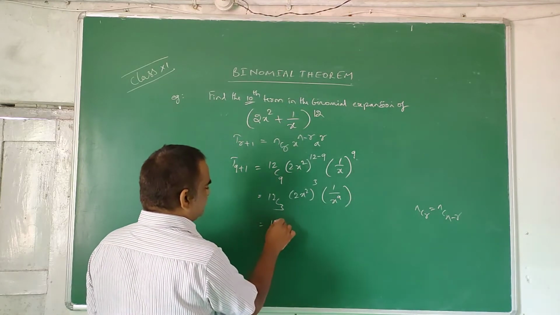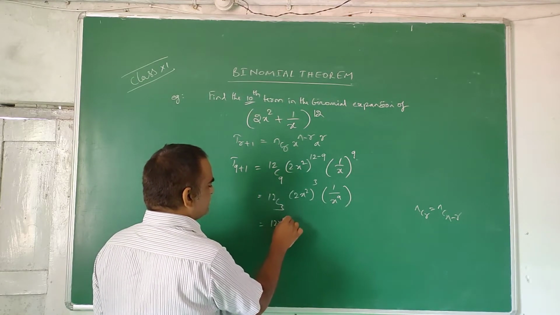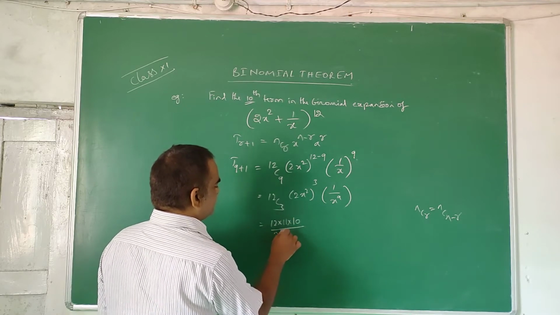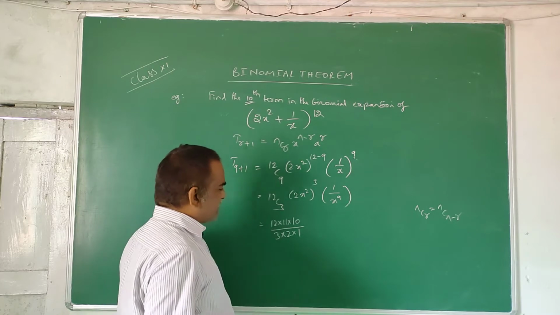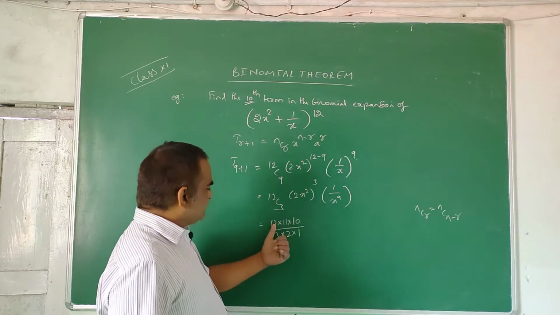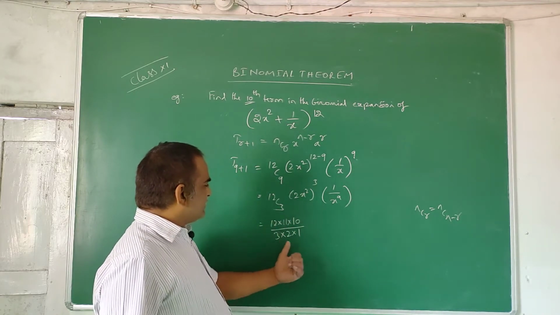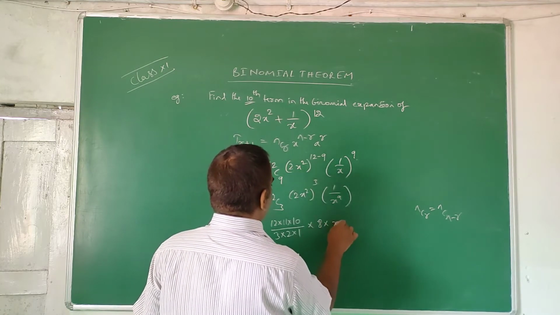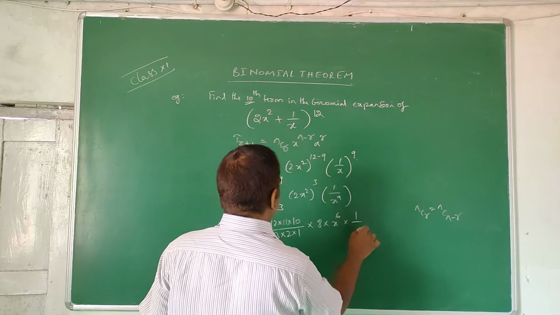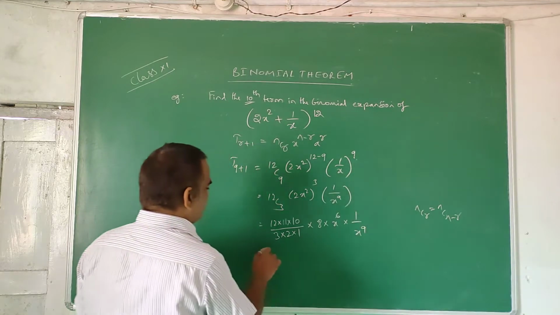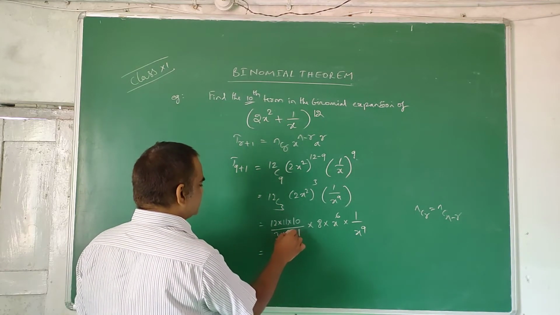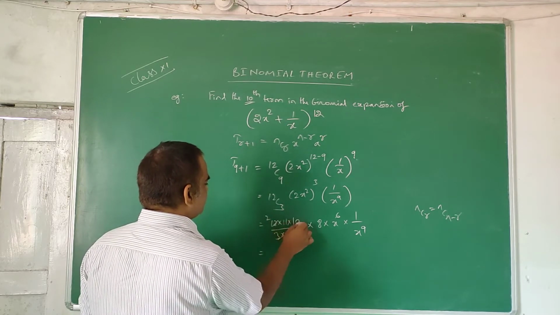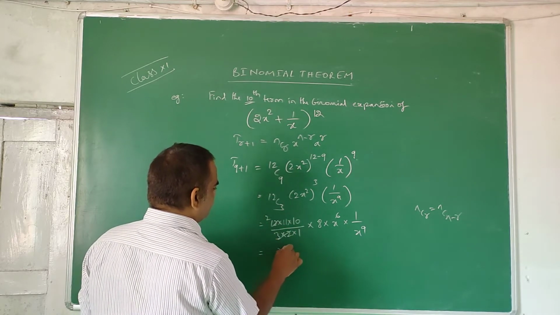So 12C3 value is 12 into 11 into 10 by 3 into 2 into 1, using the nCr formula, into 2 cube is 8, into x power 6, into 1 by x power 9. Now what will happen here? 3 2s are 6, 6 2s are 12. 2 11s are 22, 22 into 10 is 220.